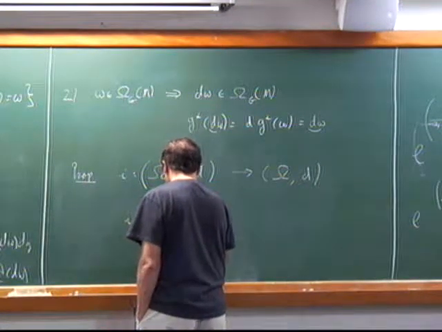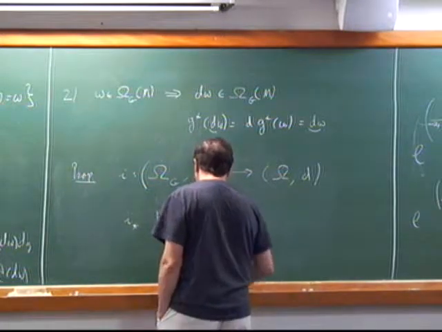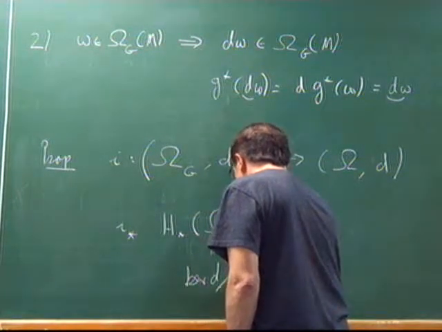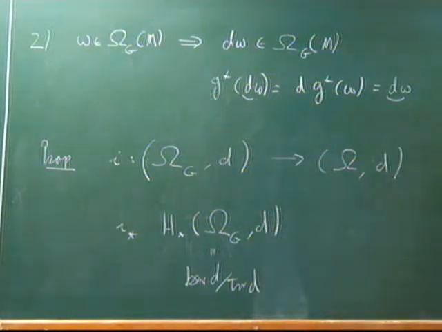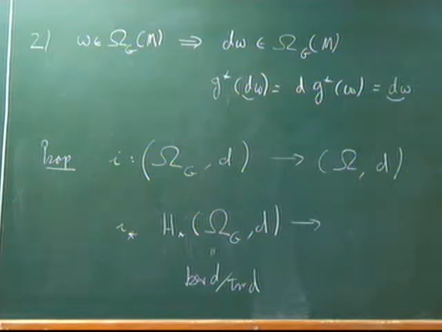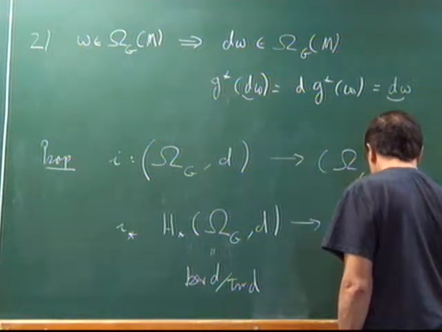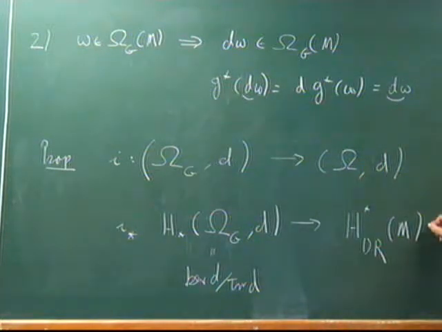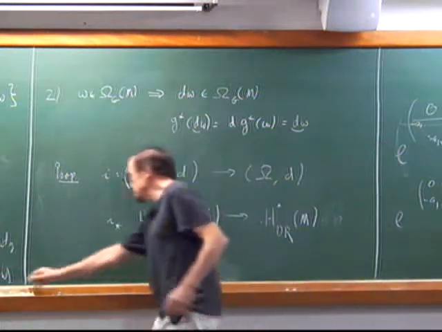So let's write it. This, of course, here is, as usual, kernel d divided by image d, but now restricted only to G invariant forms. Right? And here I do the same thing. And of course, if I take the cohomology of this complex, I get what you call the de Rham cohomology. And the claim is that this is an isomorphism. Sorry, that's the induced map.